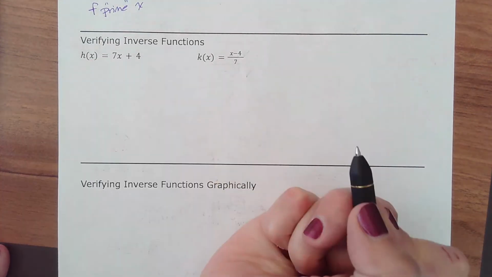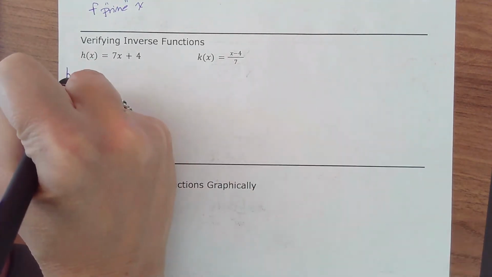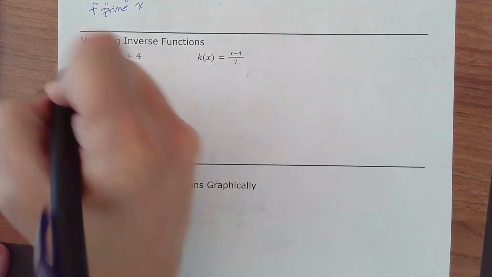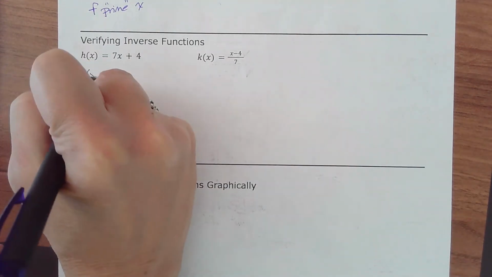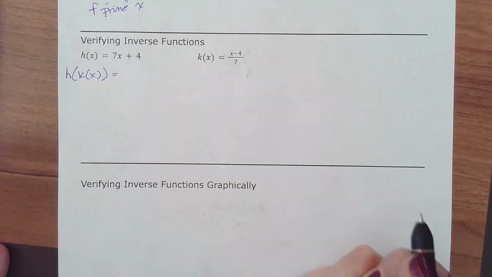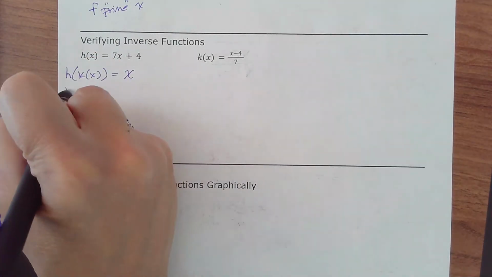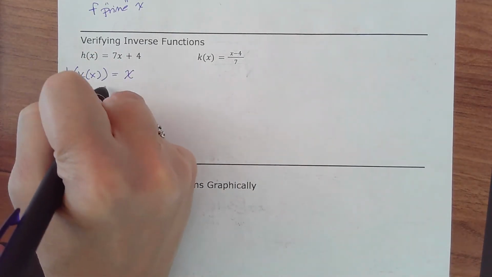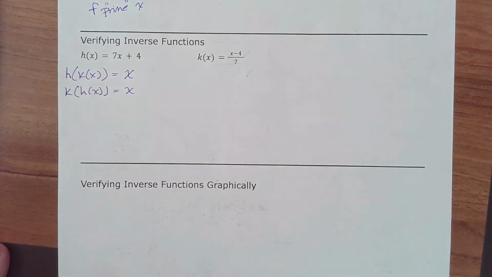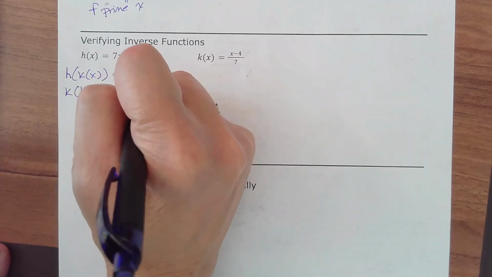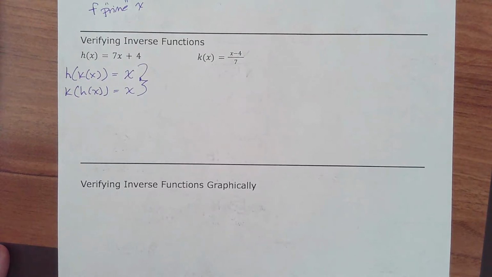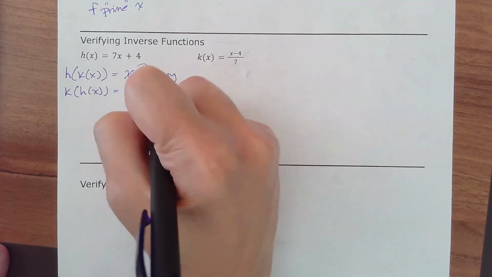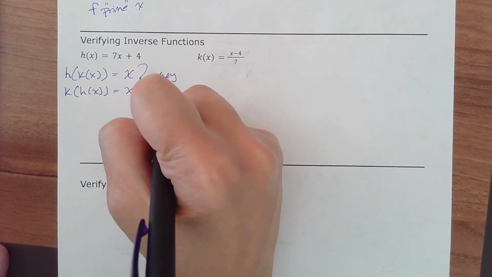The theorem states if I have two functions like h of x and k of x, if I do the composition of the functions one way and it equals x, and then do the composition the other way and it equals x, then we know they are inverses.